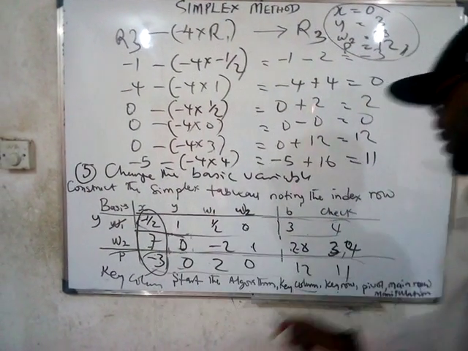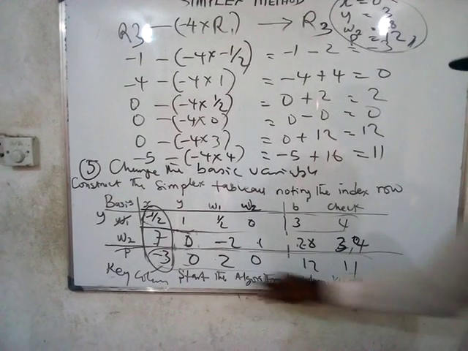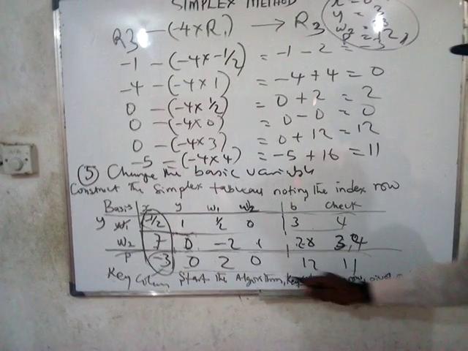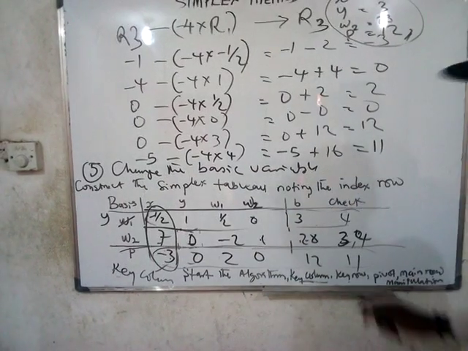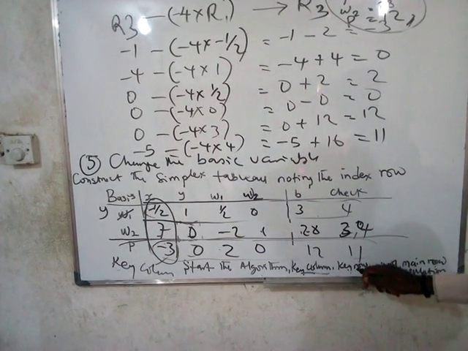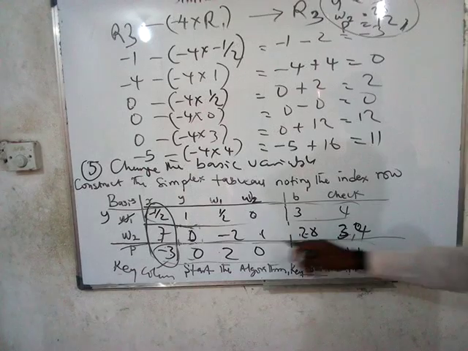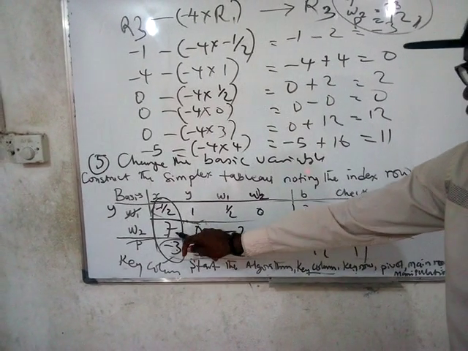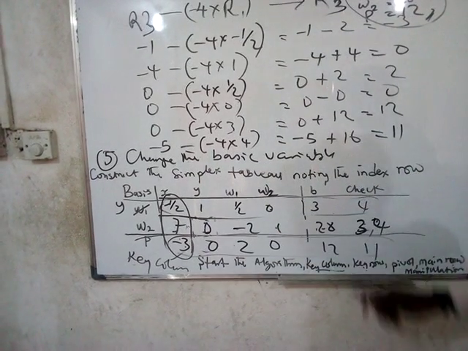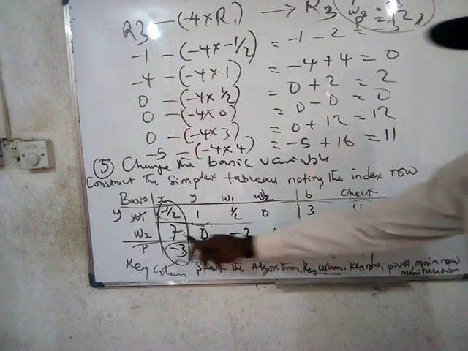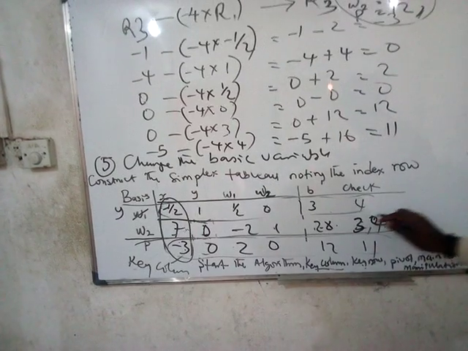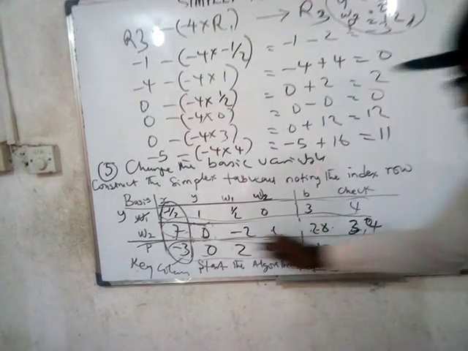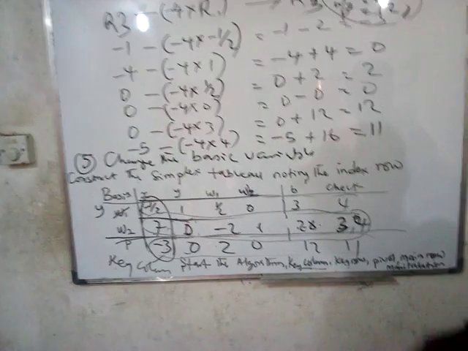From the algorithm, the key column is the first thing. So once we identify this column, next thing is identify the key row by dividing all the positives with all the positives here, and this is the only positive one we have. So the key row becomes this one, since you're not actually comparing with anyone. That's for the second iteration that you're doing.